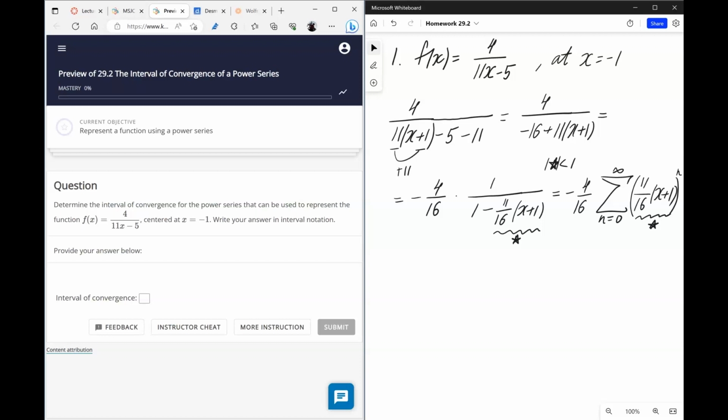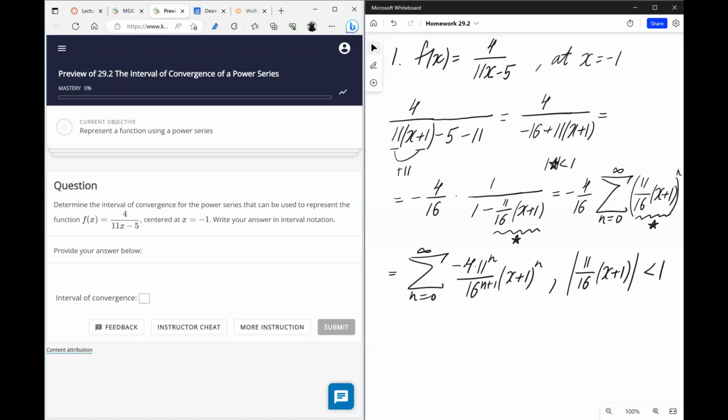So first I'm going to finish the process. We have a series: -4 times 11 to the power n over 16 to the power n plus 1, times (x plus 1) to the power n. And all of this is only true when the absolute value of 11 over 16 (x plus 1) is less than 1.